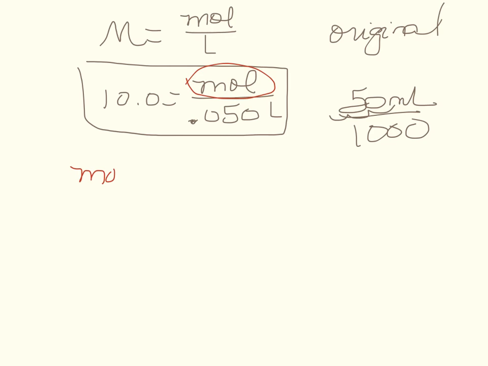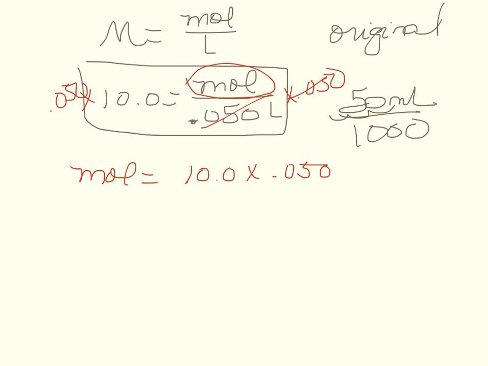Multiply both sides of that equation by 0.050. Okay, so then moles would equal 10 times 0.050, and that equals, ouch, my dog just sat on my foot, 0.50. Okay, that's moles. That was how many moles we have in 50 mils of the original solution.